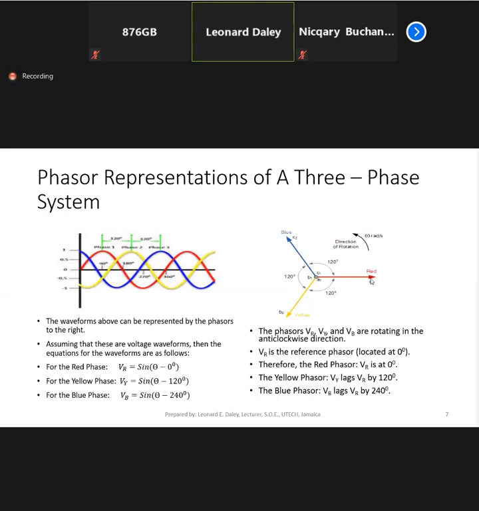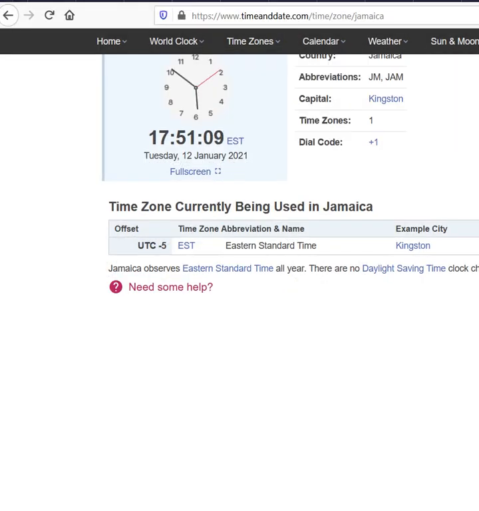This would be a phasor diagram, not fully labeled yet, but just to show you the orientation of the red phase, the yellow phase, and the blue phase. If we're measuring from here, the red phase is our reference. So this would be at angle 0. We move 120 degrees, we meet the blue phasor, and we move another 120 degrees, we meet the yellow phasor.